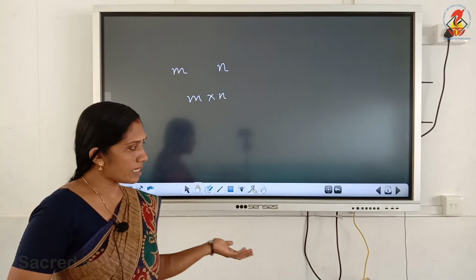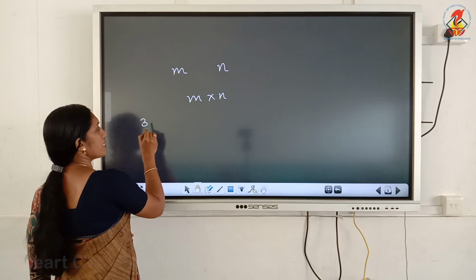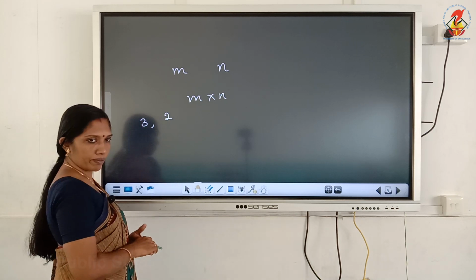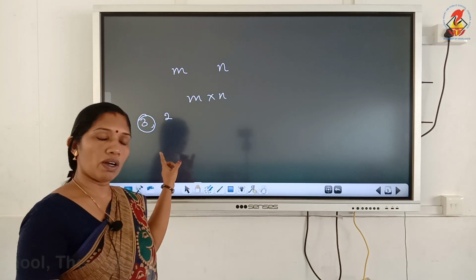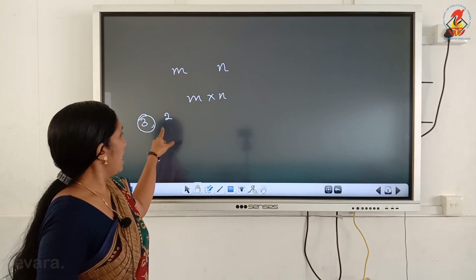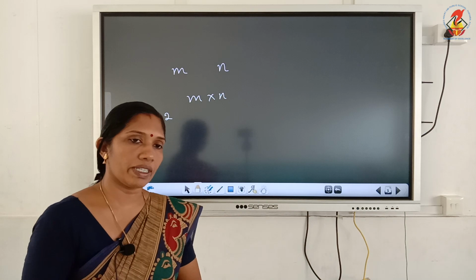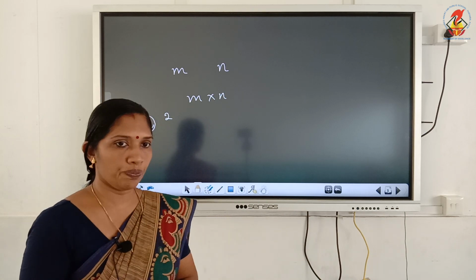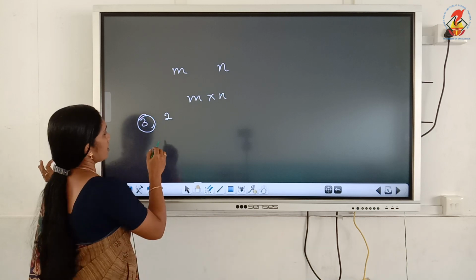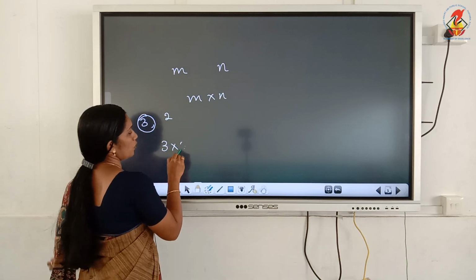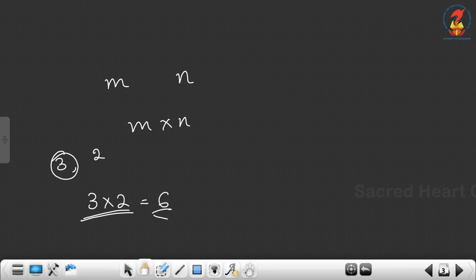So in the first example, 3 shirts and 2 pants: the first event, that is shirt, occurs in 3 different ways, and following which the next event, that is pants, occurs in 2 ways. So the total number is 3 into 2, that is equal to 6. There are 6 possibilities.